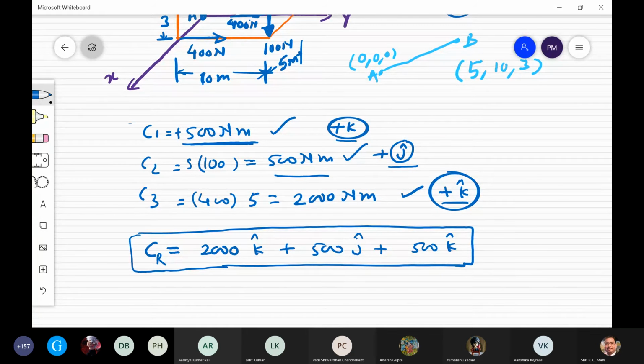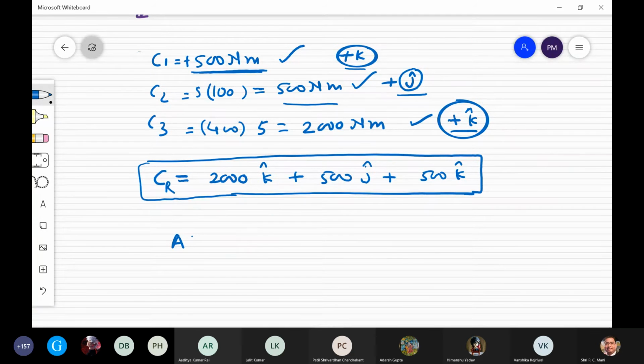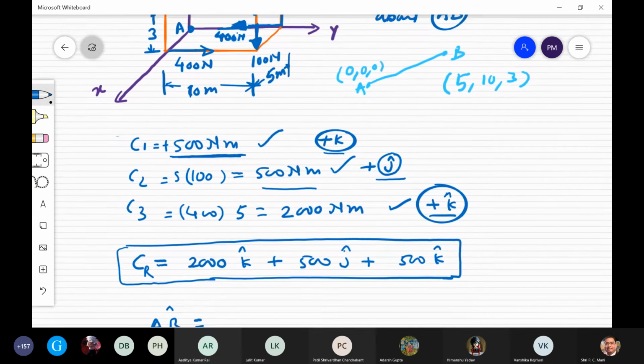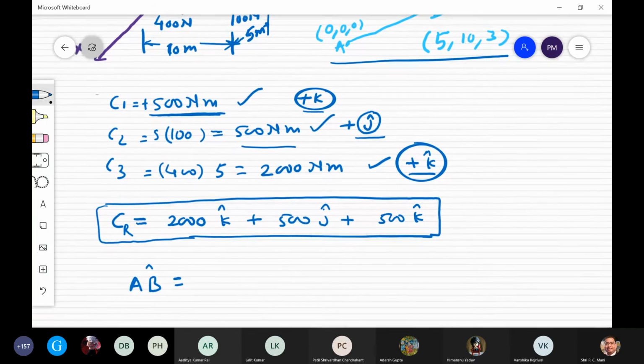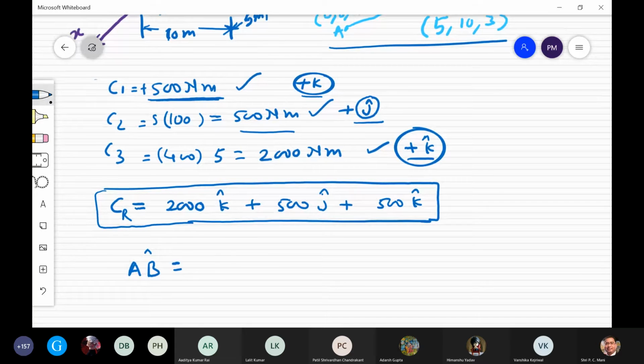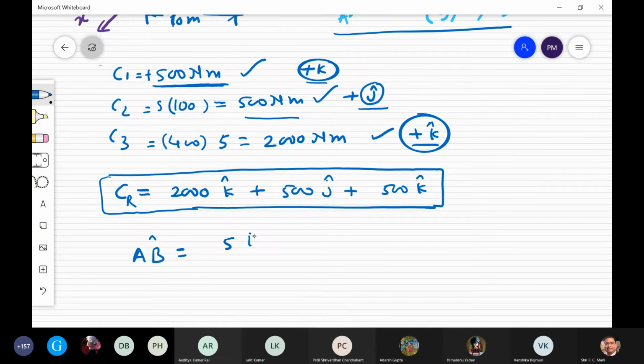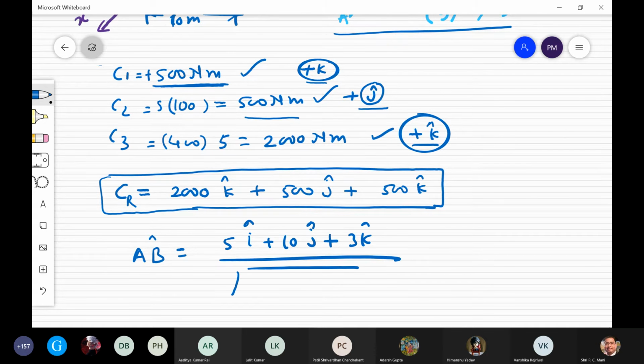Now we have to find the AB vector, as per this one. This is 5, 10 and 3. So 5I plus 10J plus 3K divided by under root 5 square plus 10 square plus 3 square.